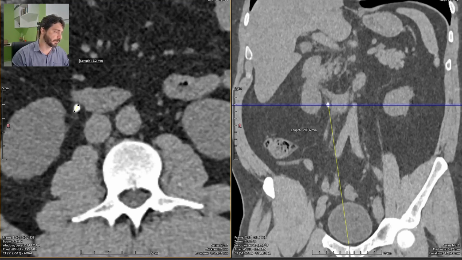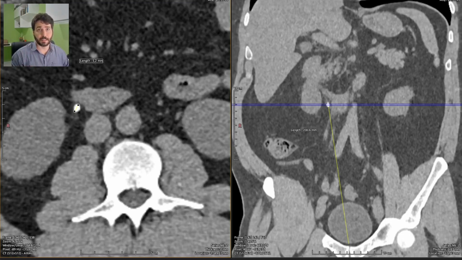Oh, there is hydronephrosis on the right because of this calculus, this kidney stone. Calculus is Greek for stone, as far as I remember. I tend to say calculus because in Portuguese we don't really say stone, which is pedra.